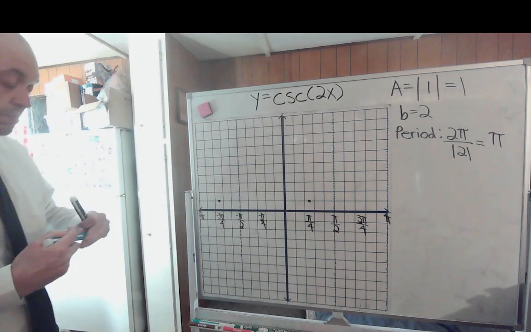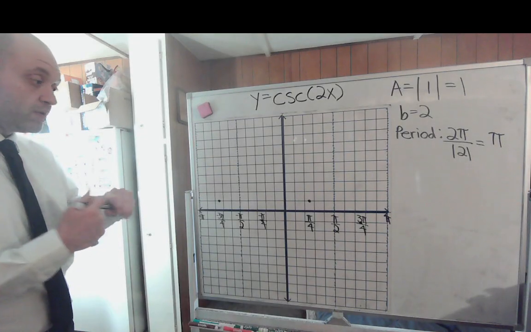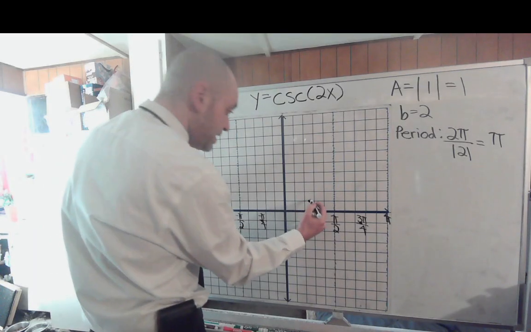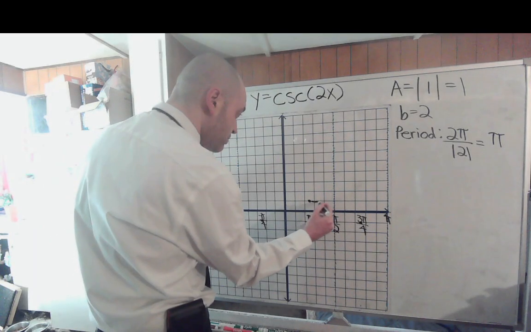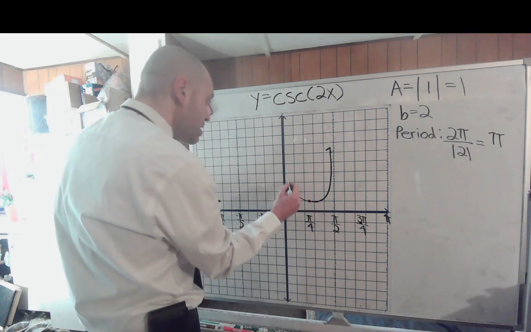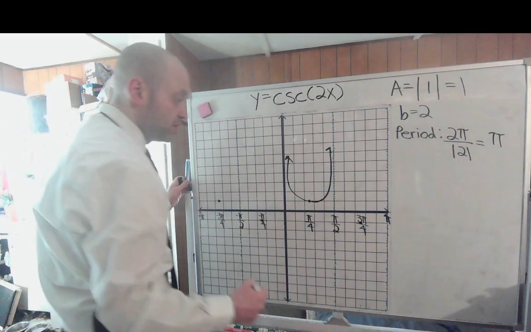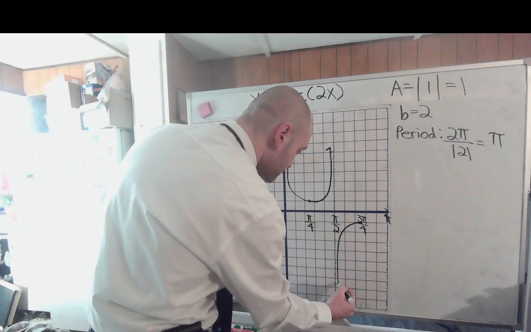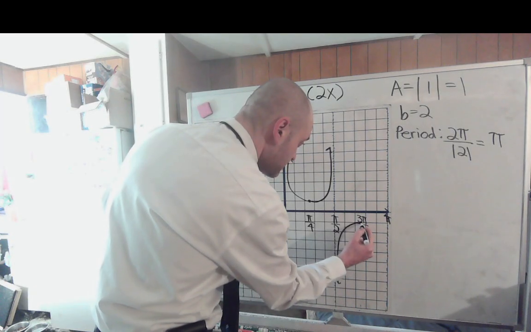Alright, we got the asymptotes, we got the points, so let's go ahead. We have a positive 1 here, so that means you're going to go up like so to your asymptotes. You have a negative 1 at 3 pi over 4, so your curve's going to go down like this.